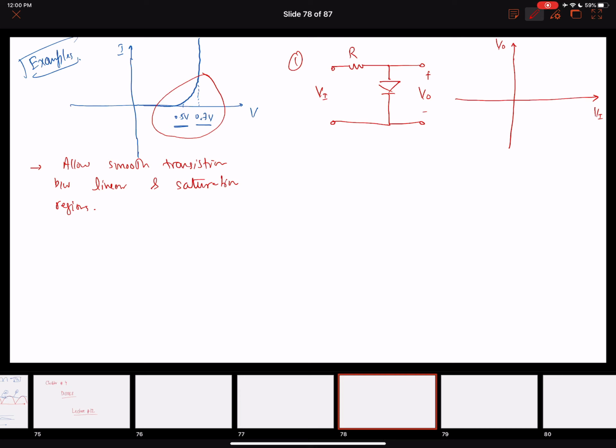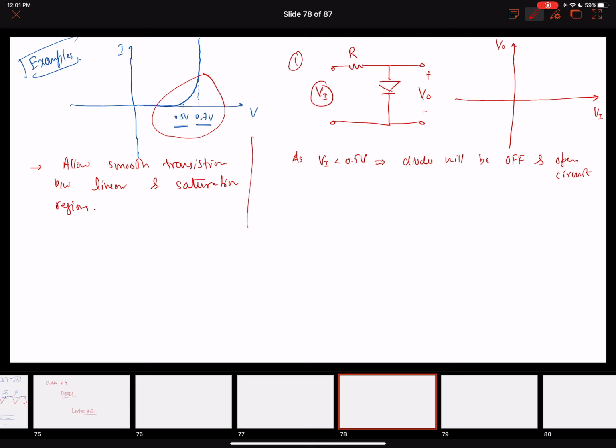Now we will see, as VI is less than 0.5 volts, right? When my input voltage is less than 0.5 volts, the diode will be cut off. Diode will be off and open circuit.